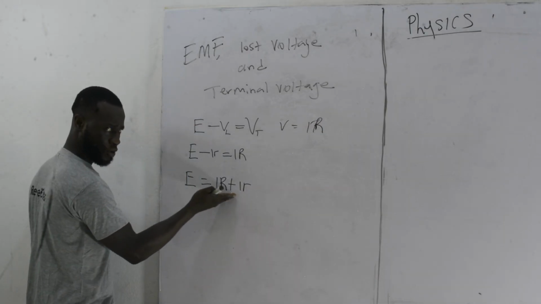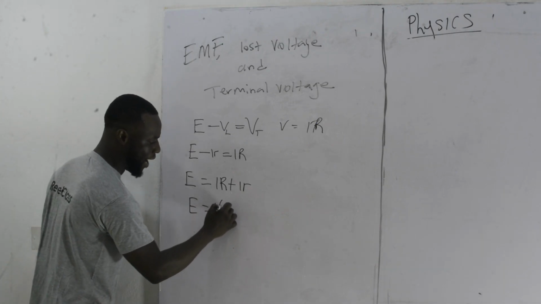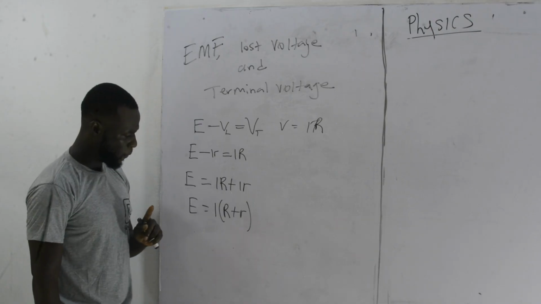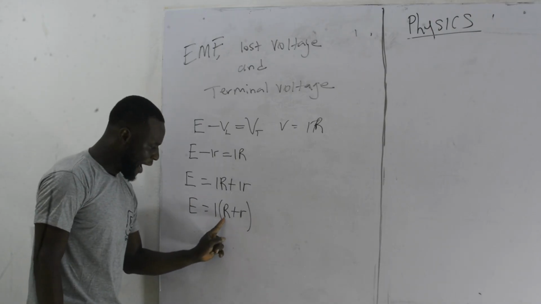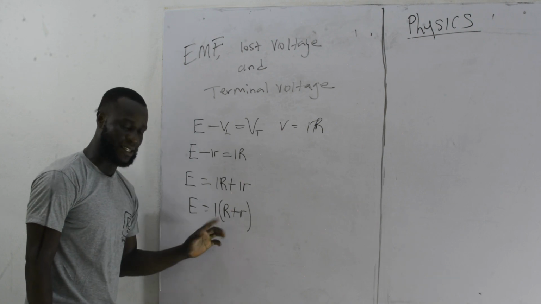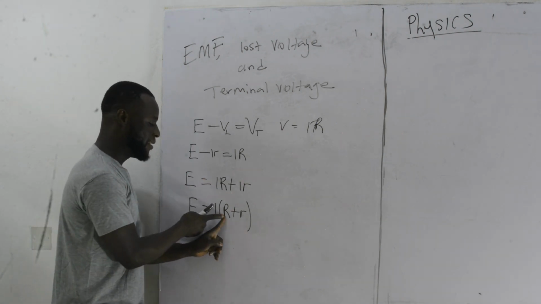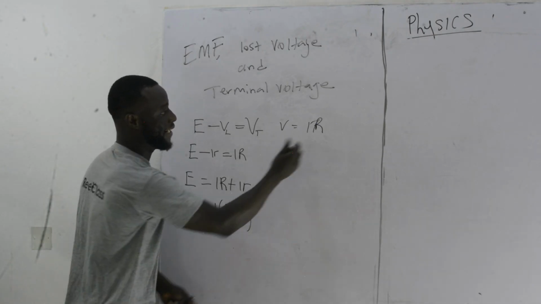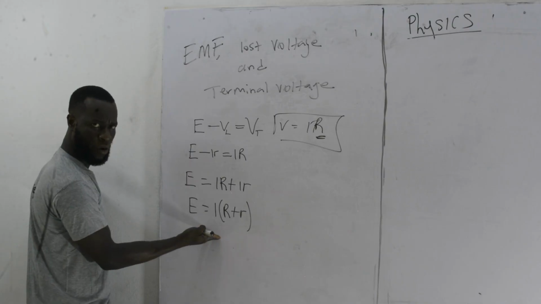I can factorize this, and I can have E equals I into R plus r. Now, you will notice that R plus r is one big resistance. It simply means I'm adding the external resistance to the internal resistance. It's still nonetheless resistance, just like this one is resistance. So if you know Ohm's law, this is still Ohm's law.